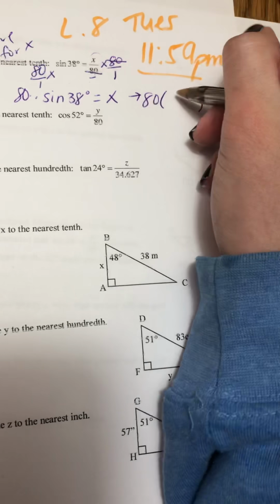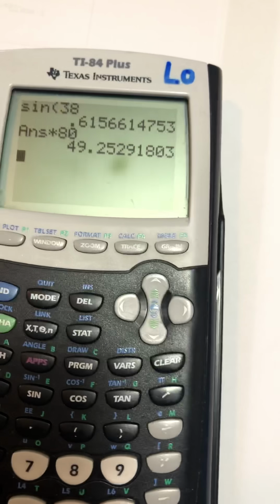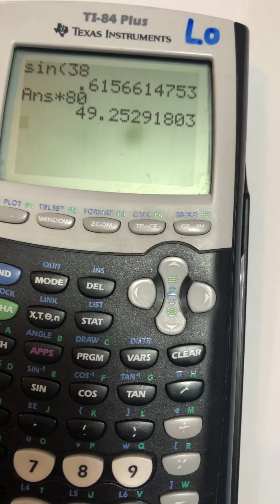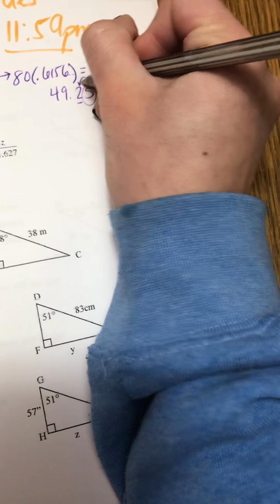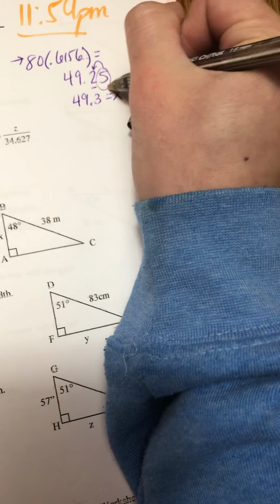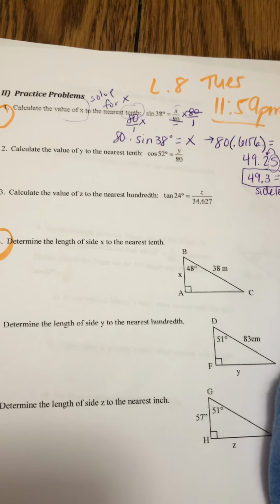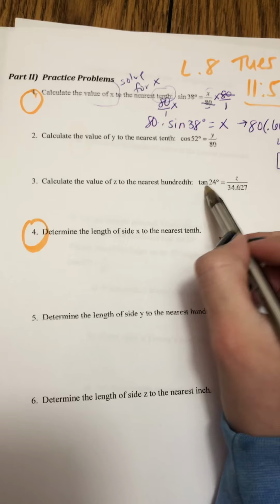This equals 49.25. They say to the nearest tenth. So if we have 49.25, remember, if this number is 5 or greater, we round up. So 49.3 is x. And again, this is a side length that we're solving for. Okay? So again, very similar to the top one.